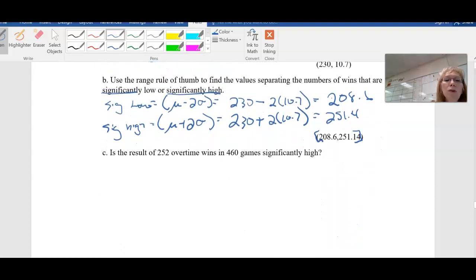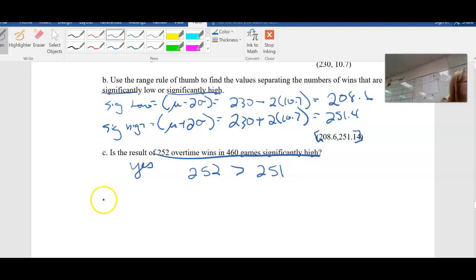All right, is the result of 252 overtime wins in 460 significantly high? The answer is yes, because 252 is greater than 251.4. So it's above 2.